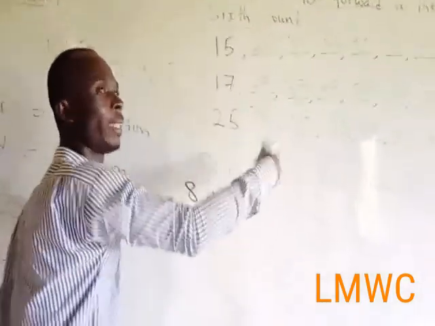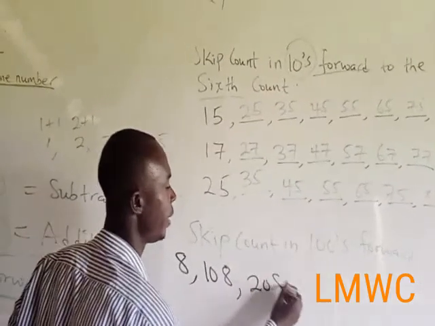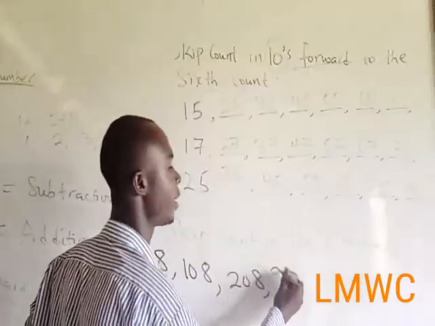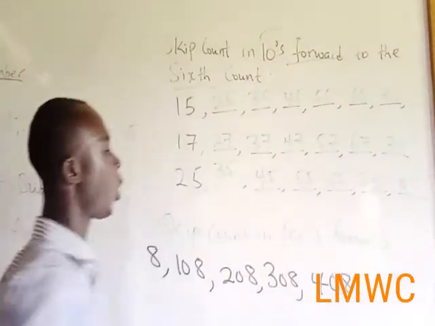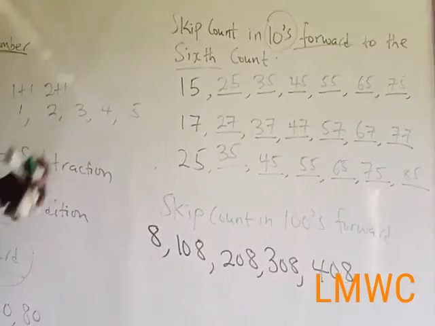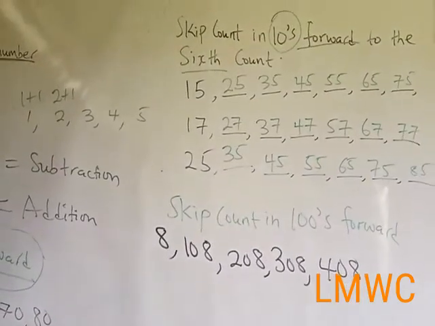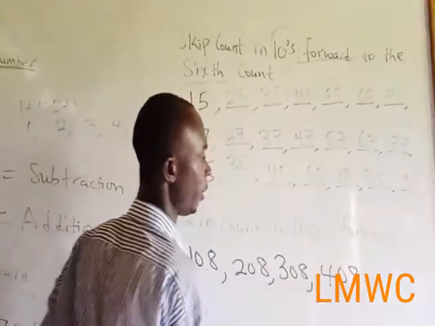This means we will be adding 100. 108 plus 100, 208. 208 plus 100, 308. Plus 100, 408. Because they didn't ask us to skip count up to the 6th count, 7th count, 8th count, or 10th count, you can decide to leave it at wherever you prefer.